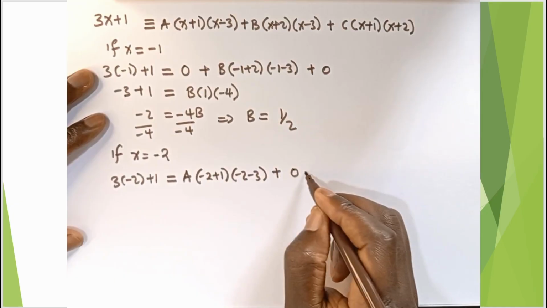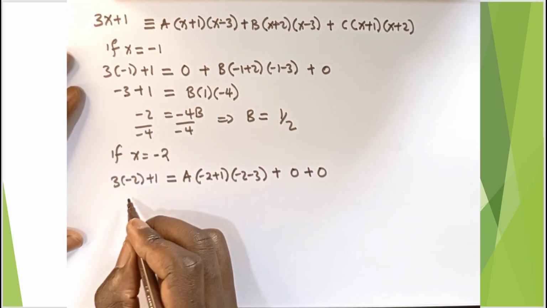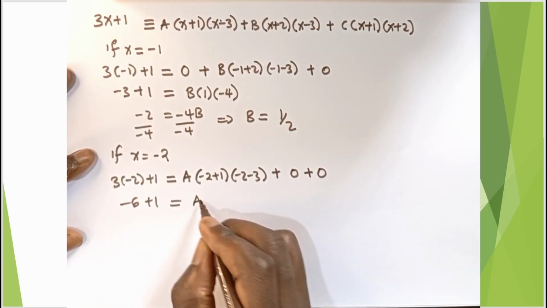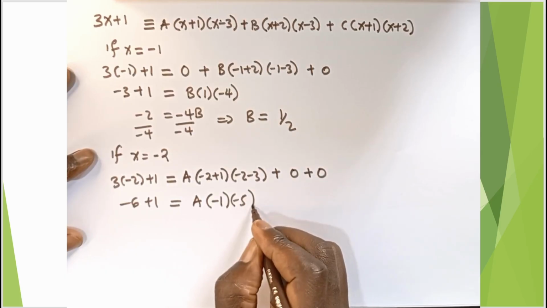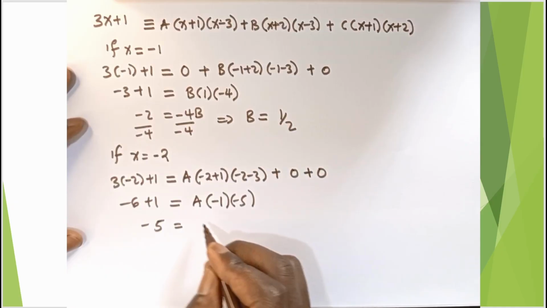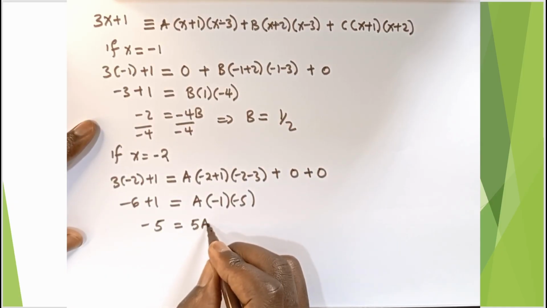So b will go to 0, and then also c will go to 0. So I'll have negative 6 plus 1 is equal to a into negative 1, negative 5. So negative 5 is equal to, if you look at this one, we shall have a 5a.